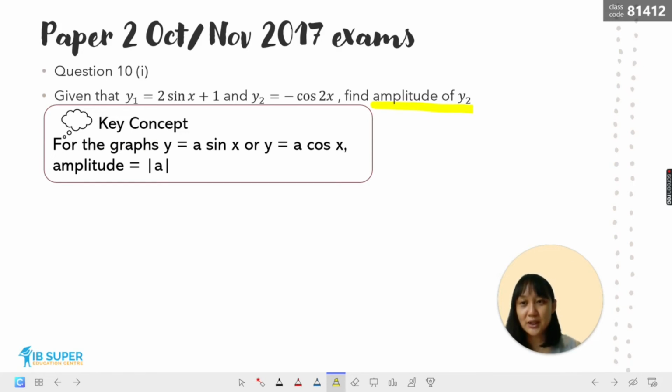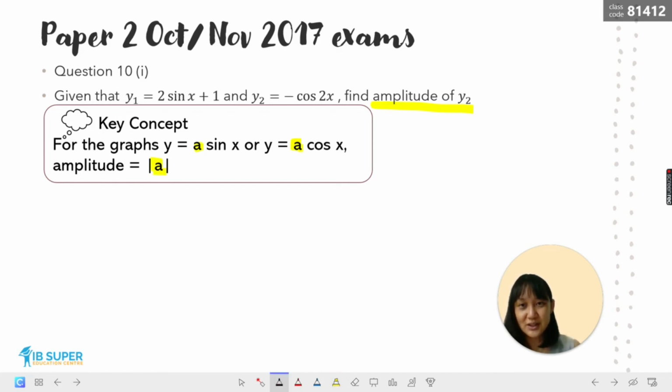As you may know, the key concept for the graphs y equals a sine x or y equals a cos x, doesn't matter whether sine or cos, is that amplitude is basically the modulus of the constant in front of the trigonometric function. So what does modulus mean?